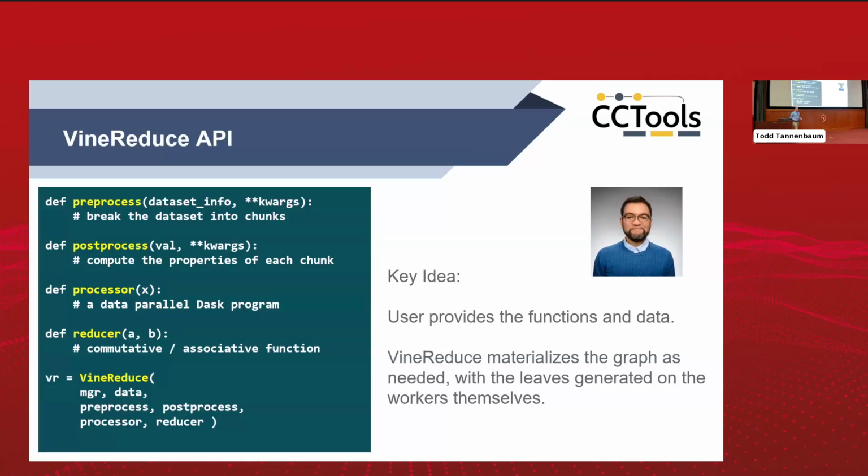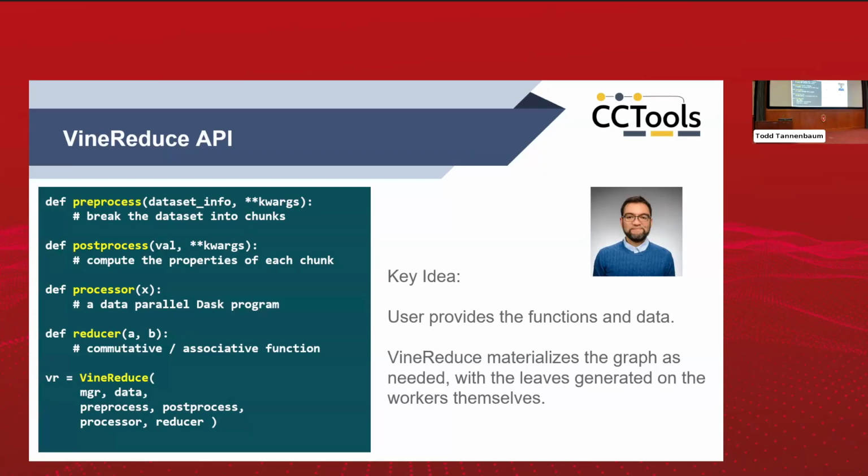So he said, okay, in a MapReduce style, let me get the things that you need to do to specify your physics application. We took a little inspiration from the Coffea framework that does something similar, but we added a few new pieces. The user specifies a pre-processing and a post-processing, a processor and a reducer, puts them all together and says, VineReduce me some data.